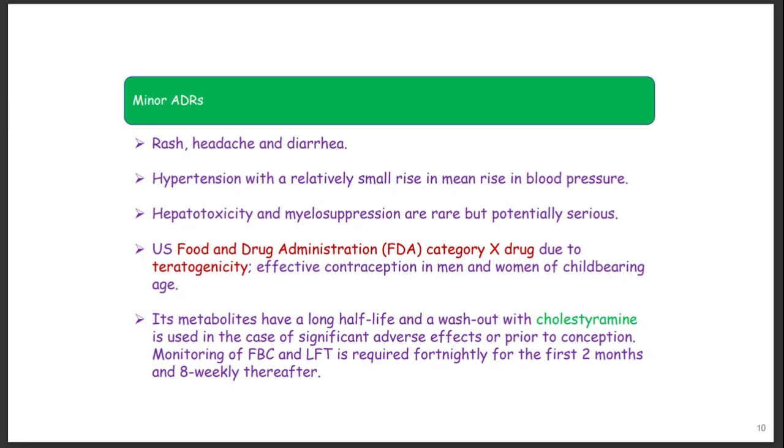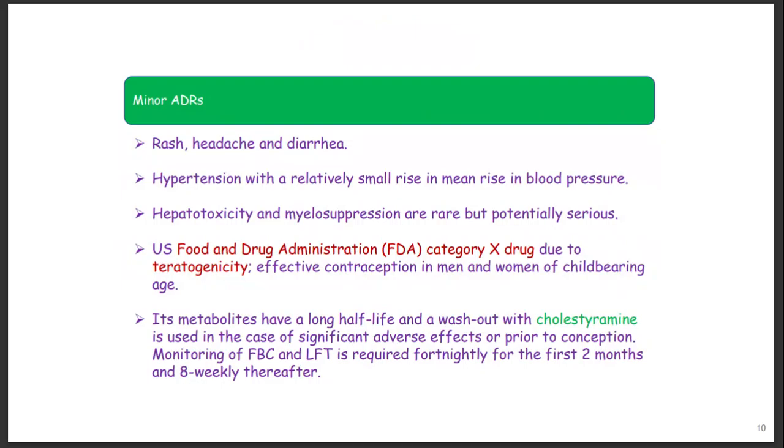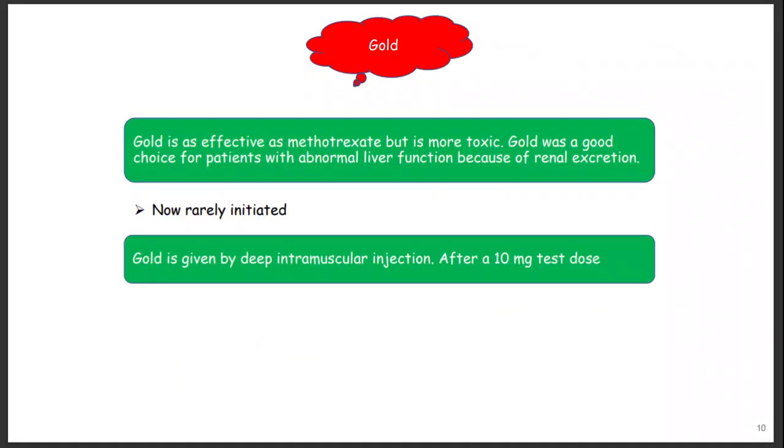You want to start giving contraceptives first, and you can clean this drug. Monitoring the full blood count and liver function is required every 2 weeks for the first 2 months, and then later on you'll be checking every 8 weeks the full blood count and the liver function test.